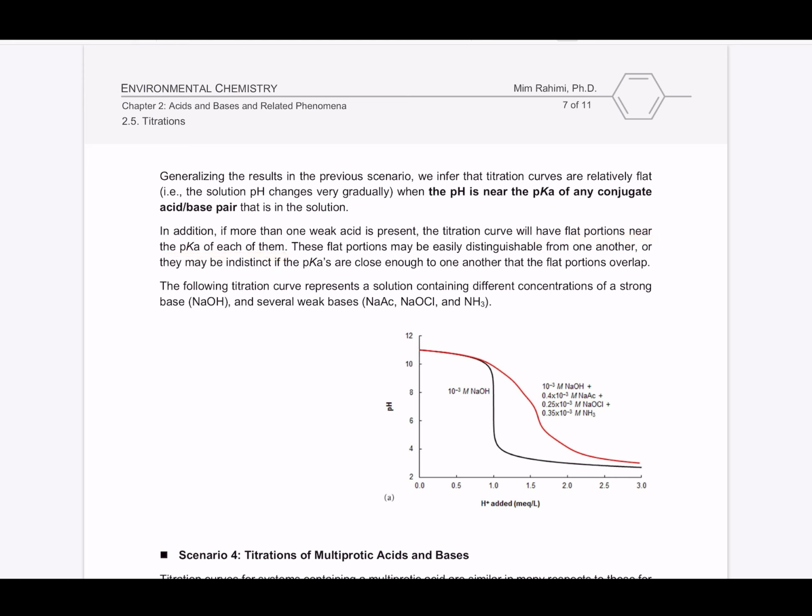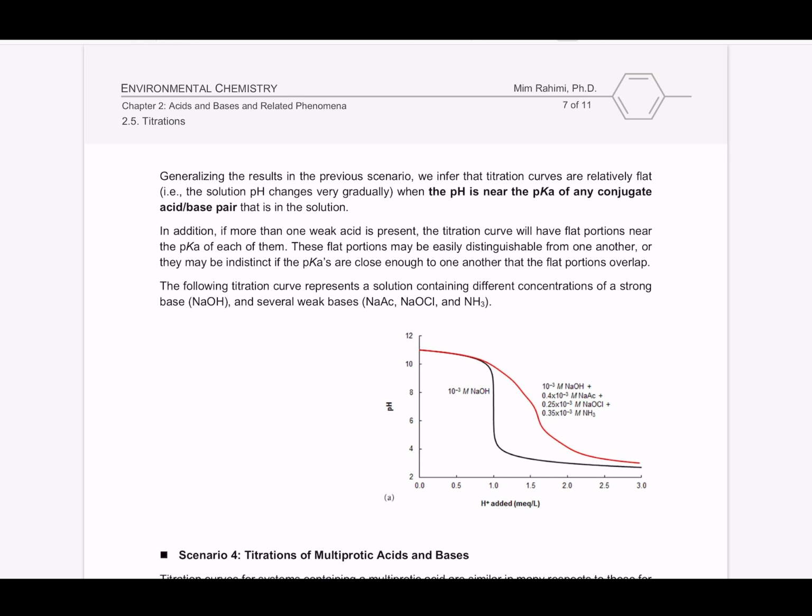So that's what we also talked about. And also we can combine different kinds of weak acid and also strong acid or base. This could also be done by combining all three together. So you get that sort of sequence of delays.